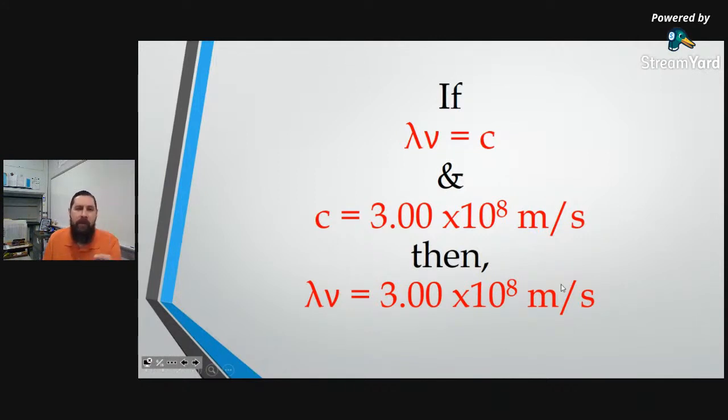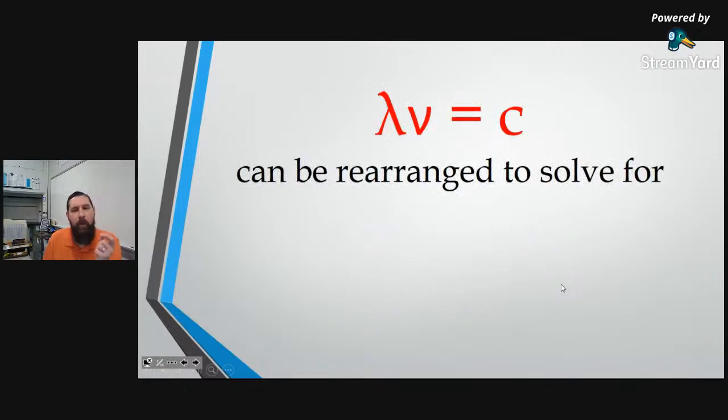And we can rearrange this equation depending on what we want to solve for. For example, if we are given wavelength and we want to solve for frequency, we can rearrange it by dividing both sides by wavelength. If we're given frequency and asked for wavelength, then we can solve for wavelength by dividing both sides by frequency to get what we're solving for on its own.